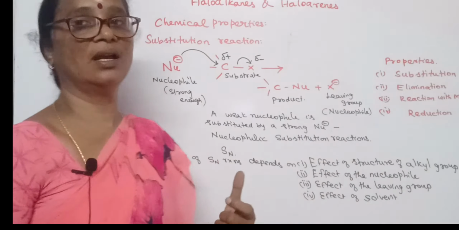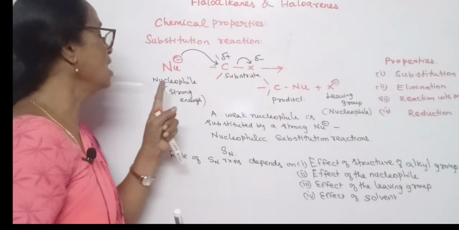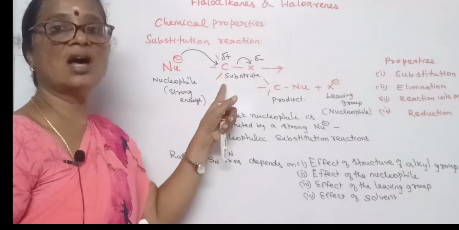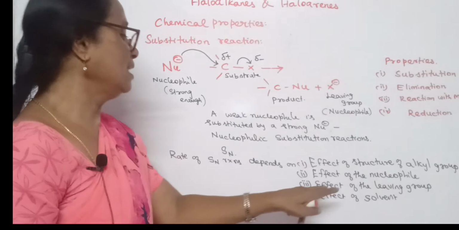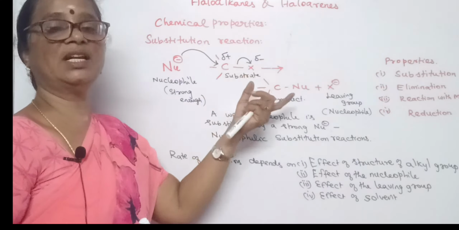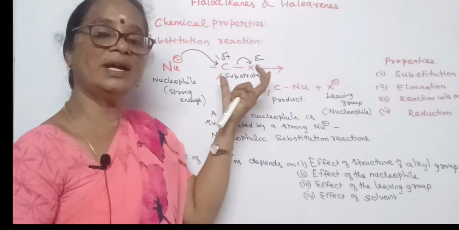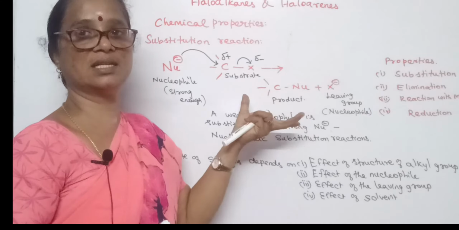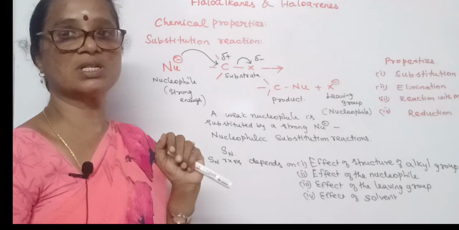The nucleophile used to replace the halide ion should be strong enough. The leaving group should be large enough: among iodide, bromide, chloride and fluoride, iodide is the better leaving group because of its large size.